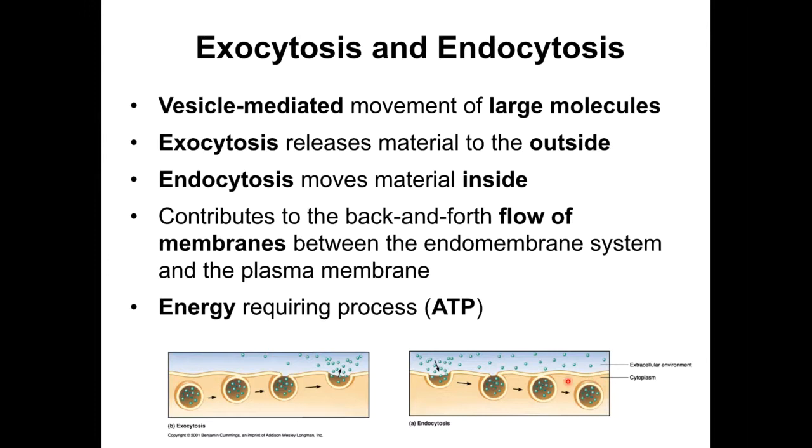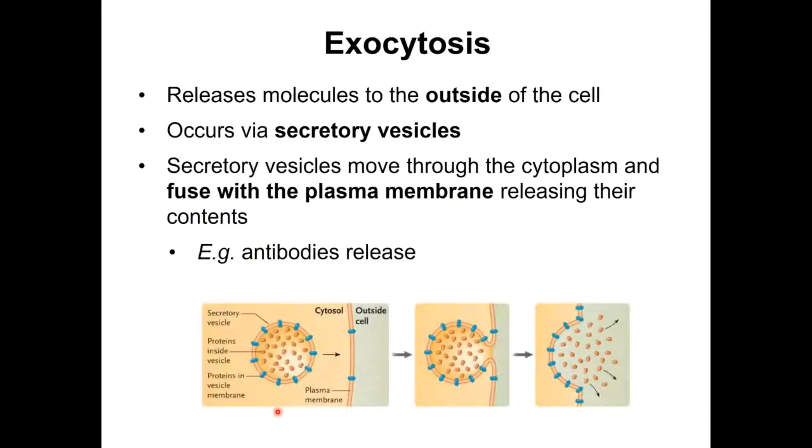Now, these vesicles formed here and here usually come from recycled material. There is a cycle of these vesicles taking place there. So, as we said before, when we talk about exocytosis, this refers to the release of molecules to the outside of the cell. Exo means outside. It's done through secretory vesicles.